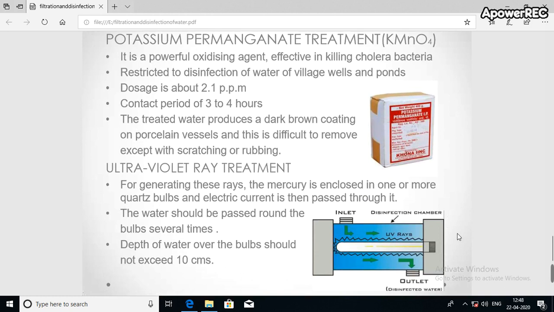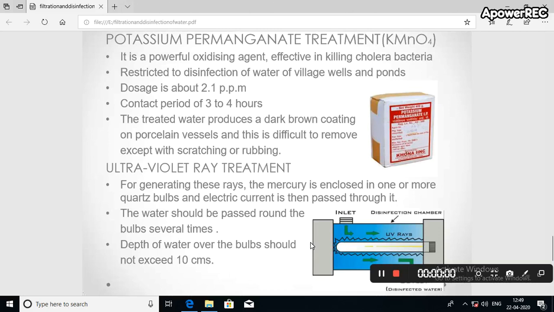Then there is potassium permanganate treatment, KMnO4. This can be used for different types of fungus which can affect the human body.